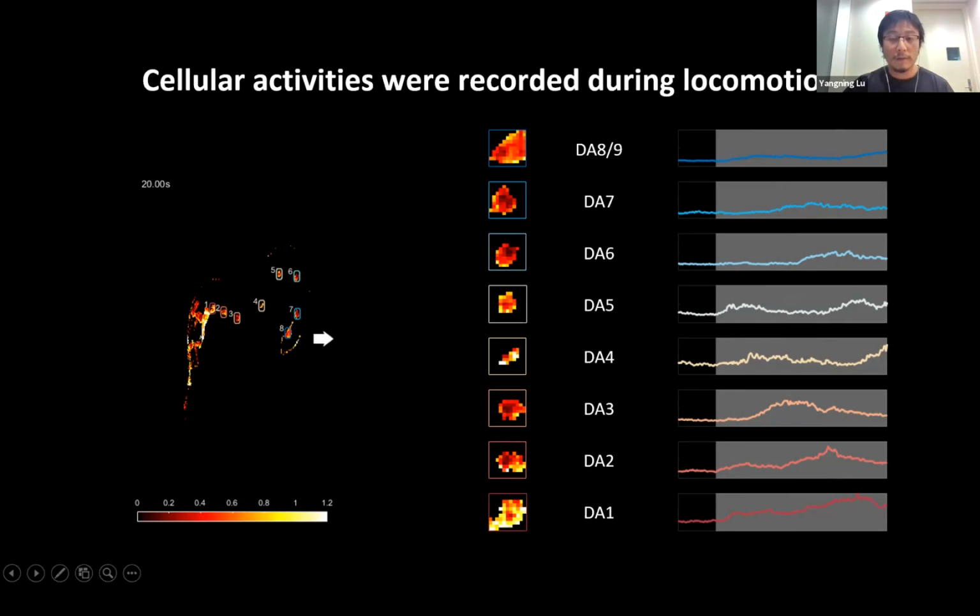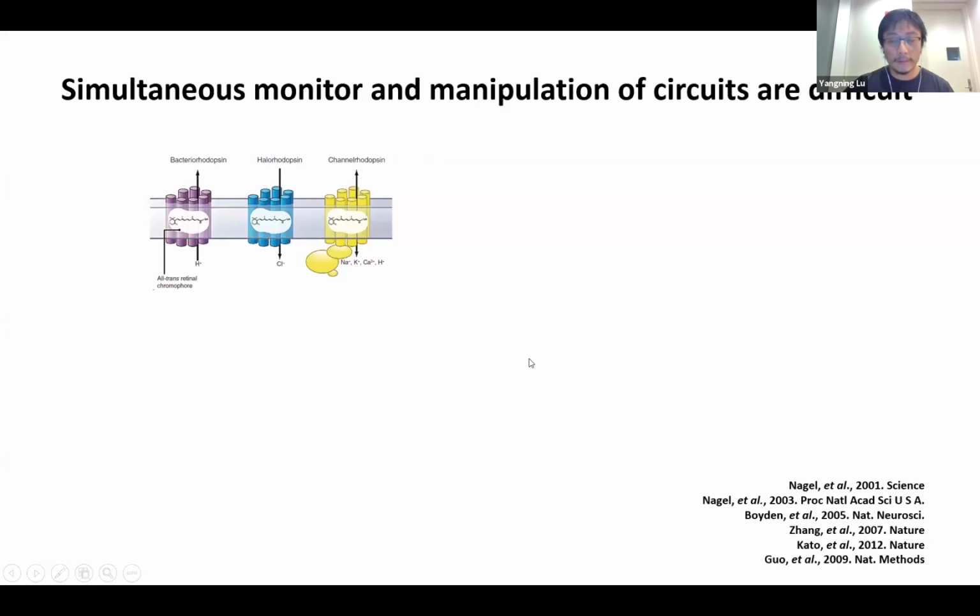And because of their anatomical wirings with respect to the body curvature change, we can establish that this particular type of cells correlate with dorsal bending during backward locomotions. So this is the correlation strategy that we used.